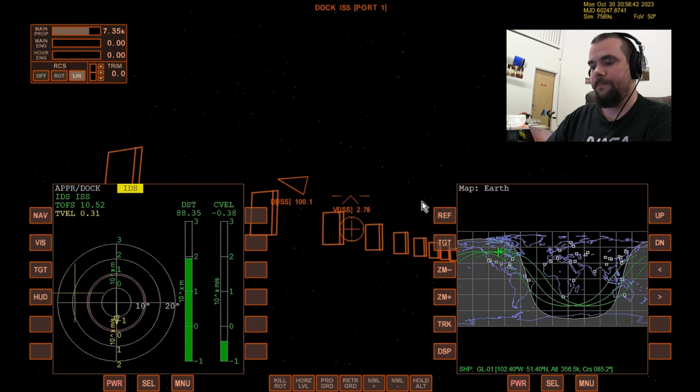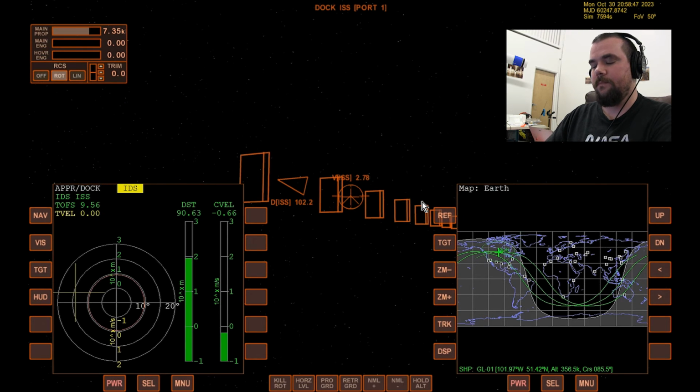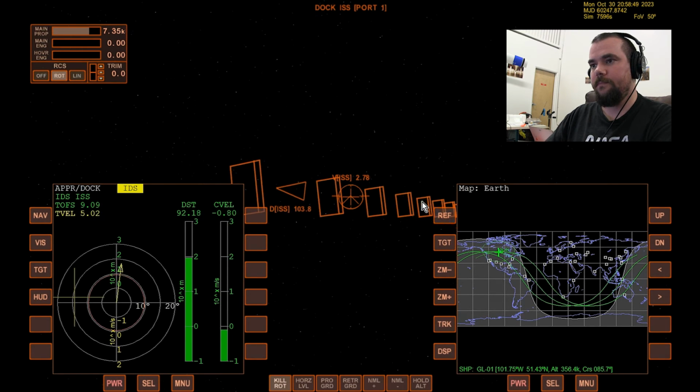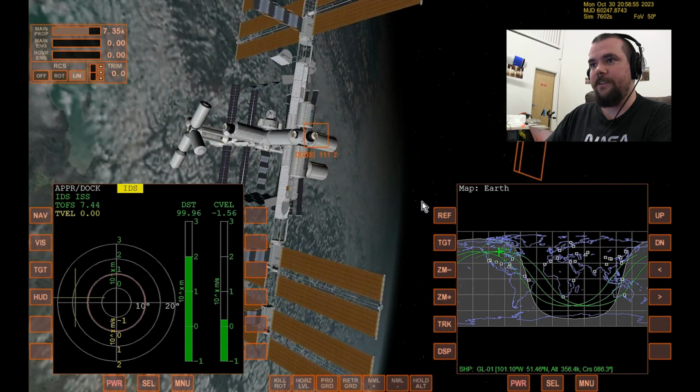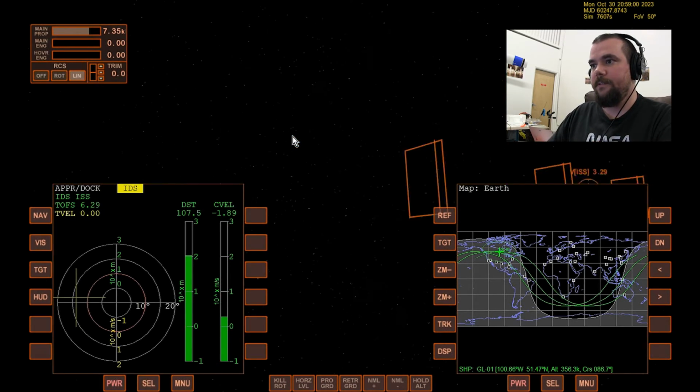All right, good. Translation. Rotation. Translation. There it is. And you can see the dock we're going to use is right here. All right.